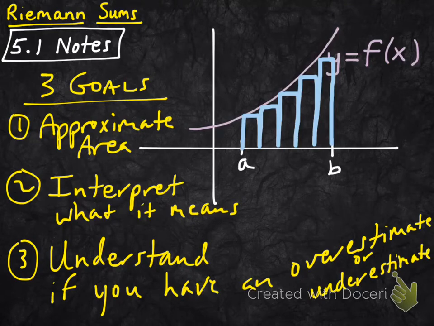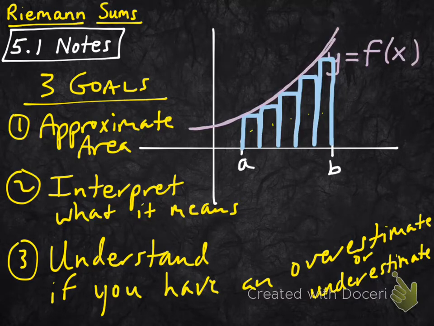Now, if you look at the current situation of all of these 5 rectangles underneath the curve, you could hopefully clearly see, if you understand that the rectangles are on or under the curve the whole way, then we have an underestimate for the current situation.